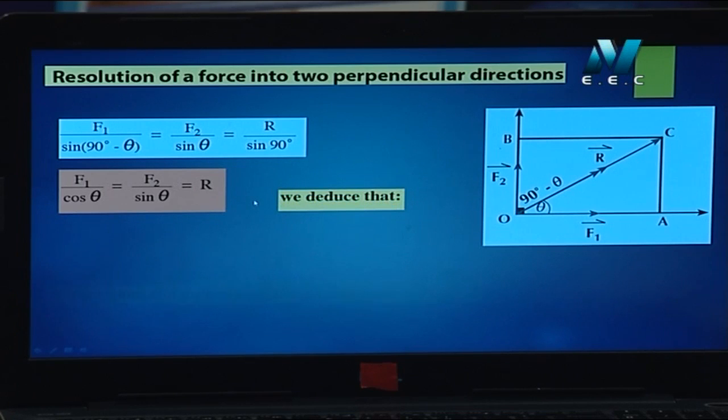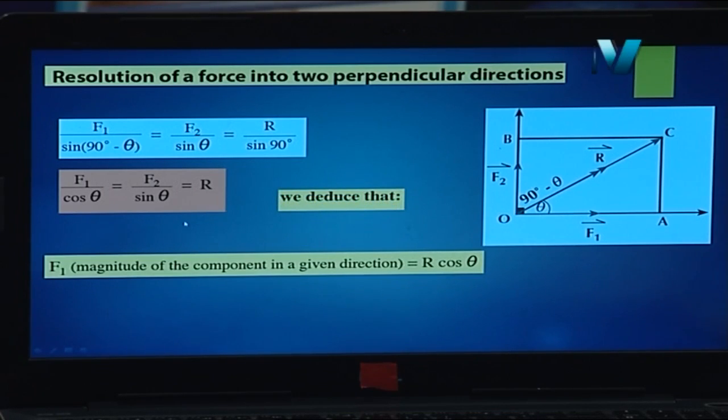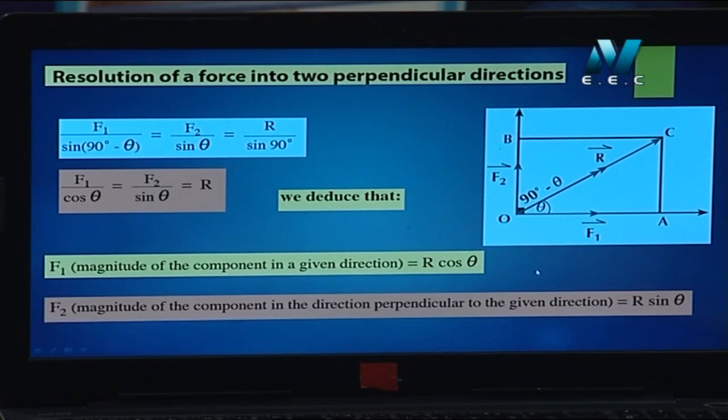And we deduce that F1 equals R multiplied by cosine theta. Concentrate here. We have F1 equals R cosine theta and F2 equals R sine theta. Yes, my dear students, concentrate with me.